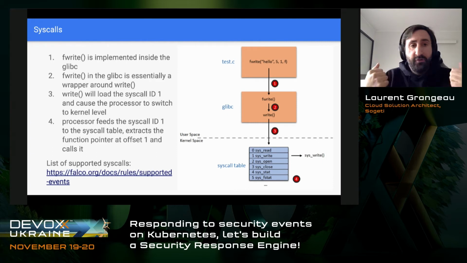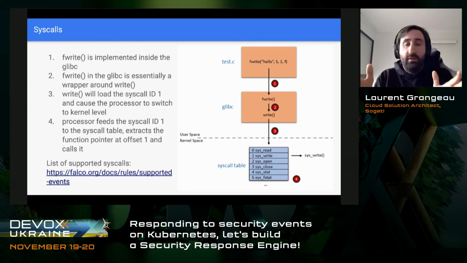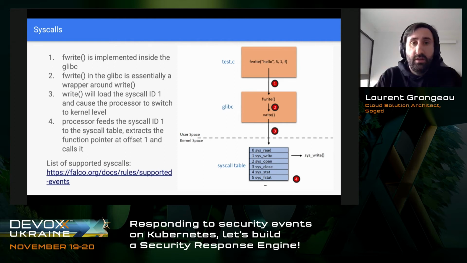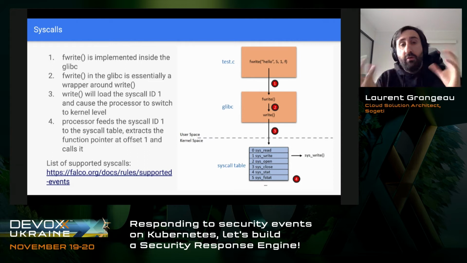First, when you are writing a C program, like test.c here, you can call a function in the libc called fwrite. So you can just call fwrite to write hello to a file. So fwrite is implemented inside libc and is essentially a wrapper around write.